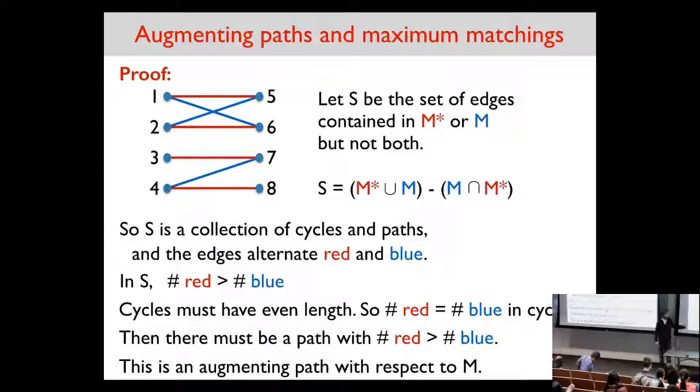It's an augmenting path with respect to M, the blue edges. In this case, the augmenting path is 3, 7, 4, 8. I can change it: make 3, 7 blue, 4, 7 not blue, and 4, 8 blue again. And that's your augmentation.